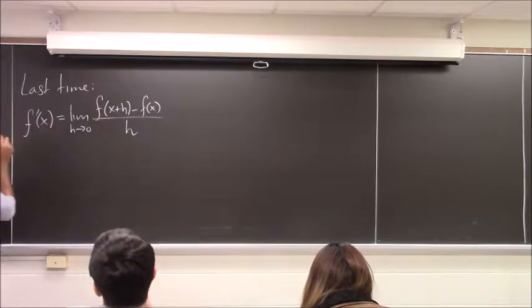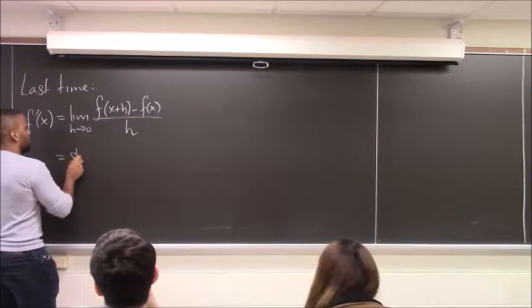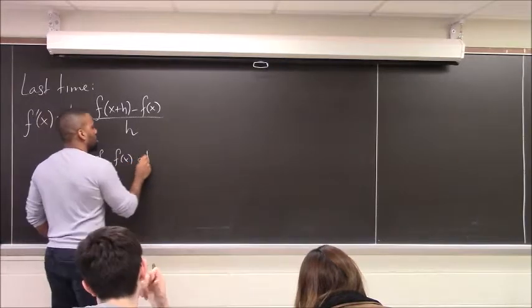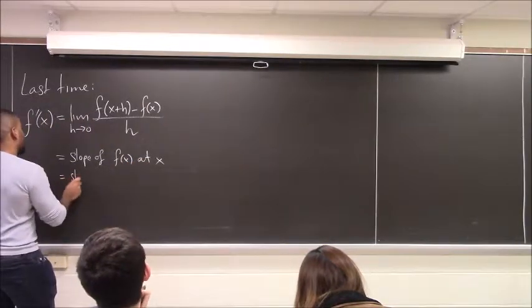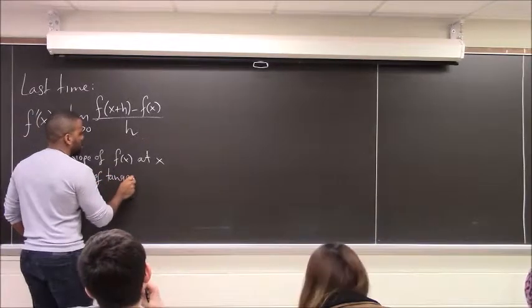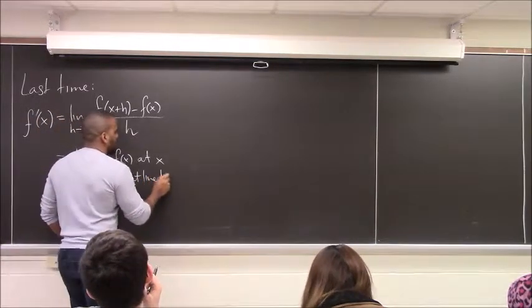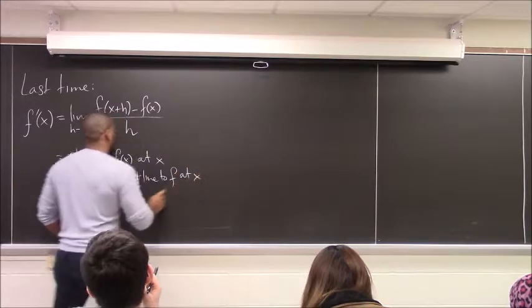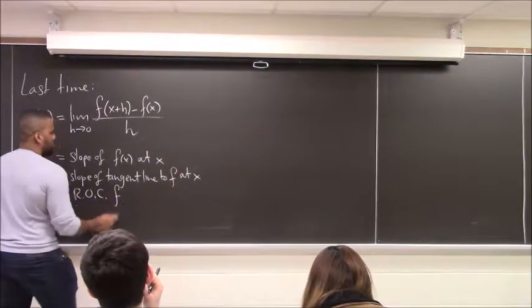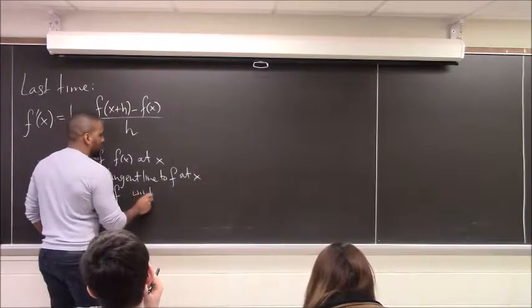So that gives us the derivative, and you can realize this is the slope of the function at x, or you can think of it as the slope of the tangent line to f at x. You can also think of it as the rate of change of f with respect to x.